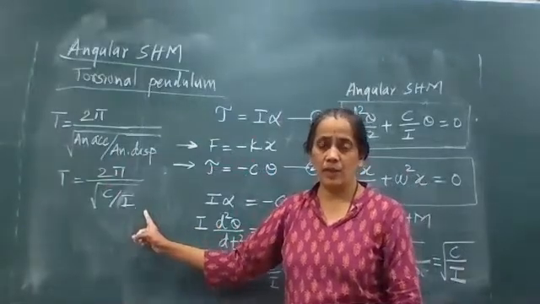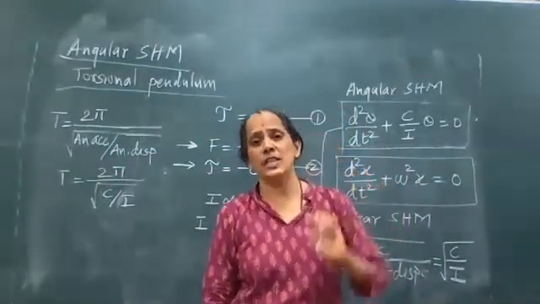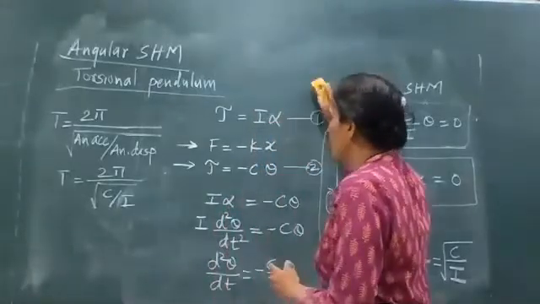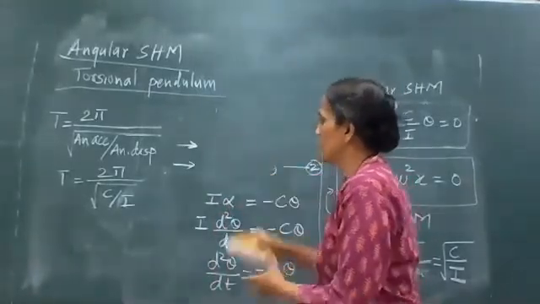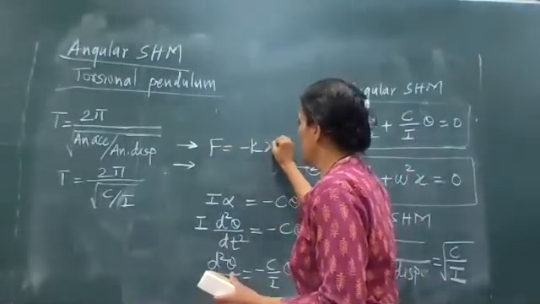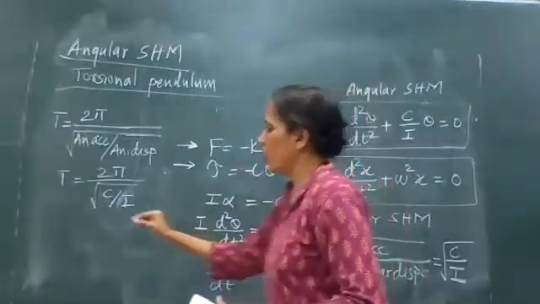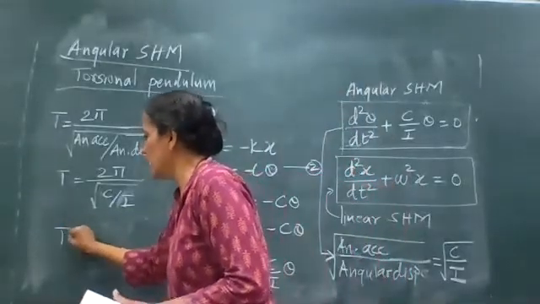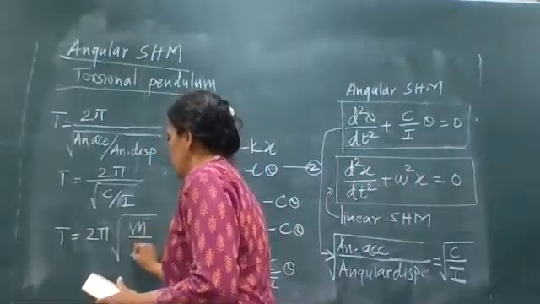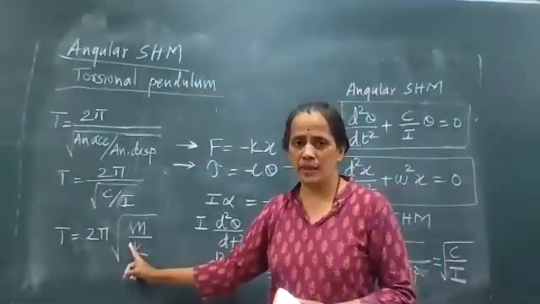Clear? So now, in the first lecture of oscillation, we have seen the formula for the period of spring, T is equal to 2 pi under root of m by k. This is the period of spring.